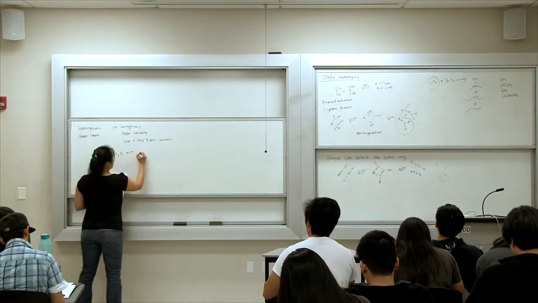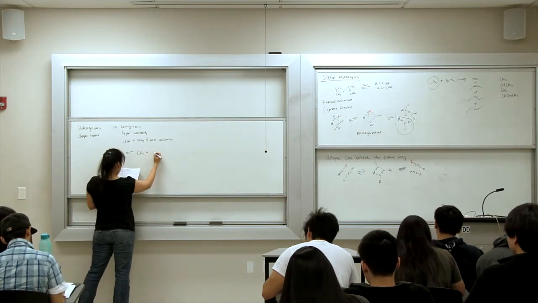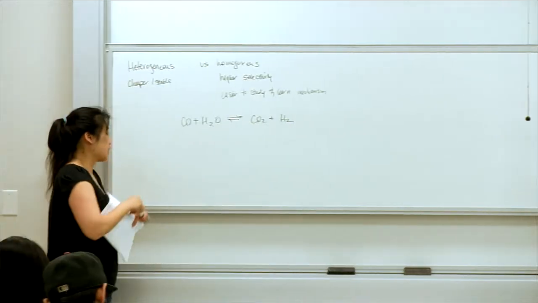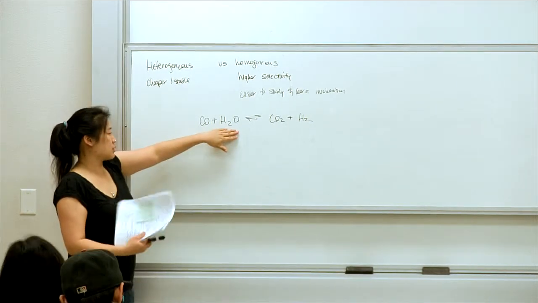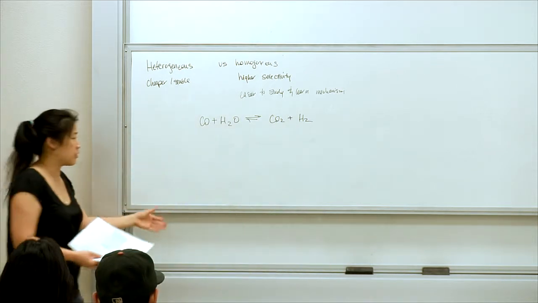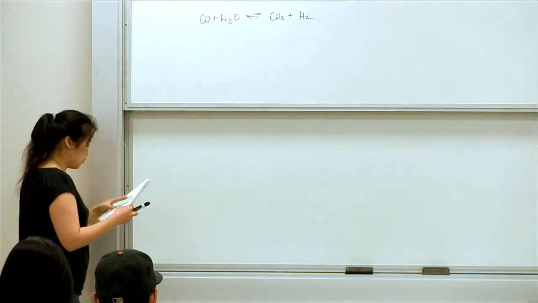And then they are able to oxidize the CO. Oops, that's H2O, yeah, H2. So they oxidize the CO, reduce the water to make hydrogen. So this is how most of the hydrogen is made in the US right now, using this water gas shift reaction.